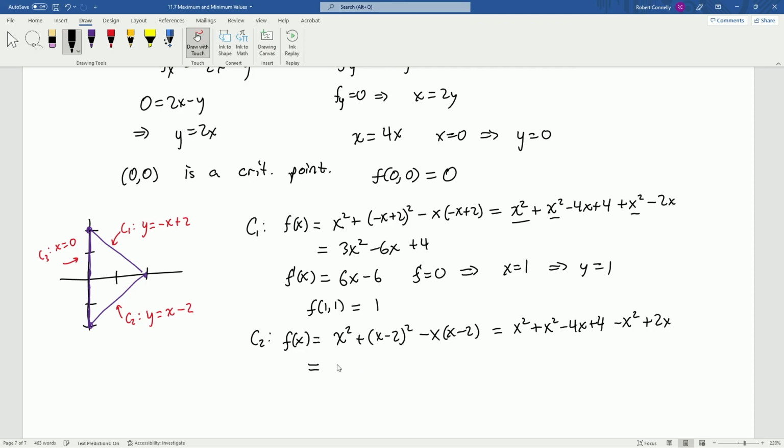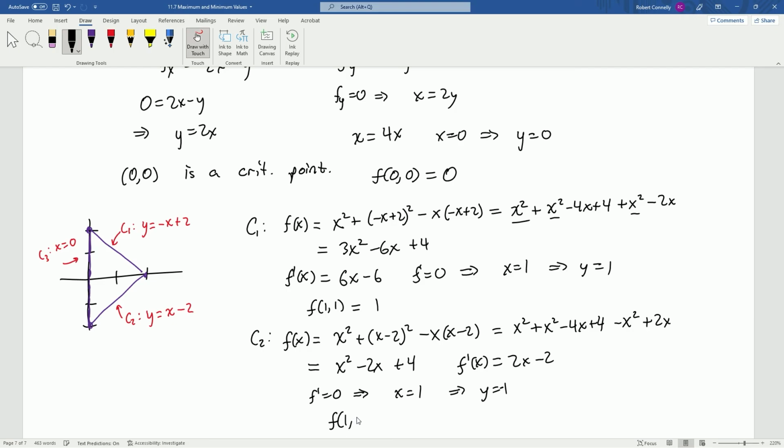That gives us a single x squared minus 2x plus 4. So the derivative is 2x minus 2. Set that derivative equal to 0, and we get x equals 1. But for this line, if x is 1, that implies y is negative 1.